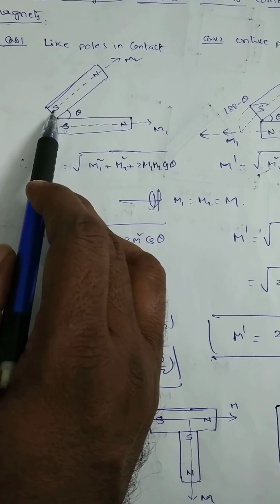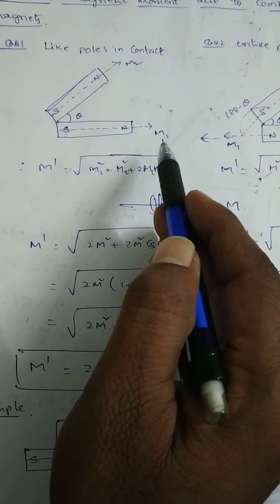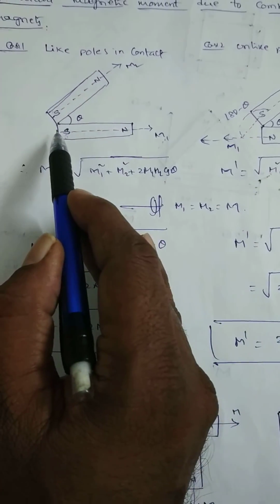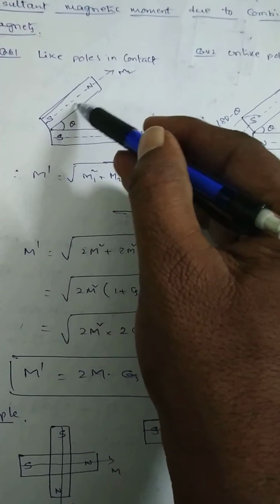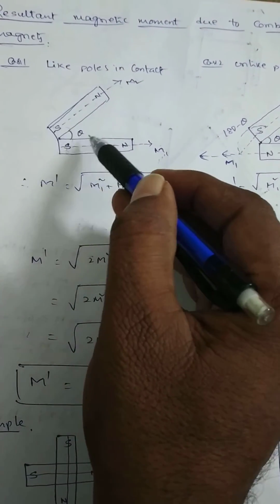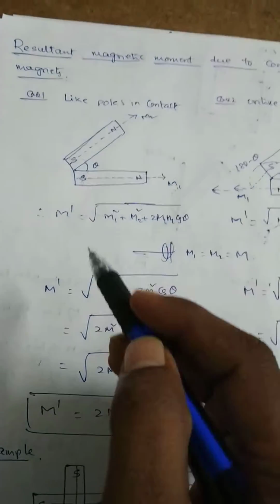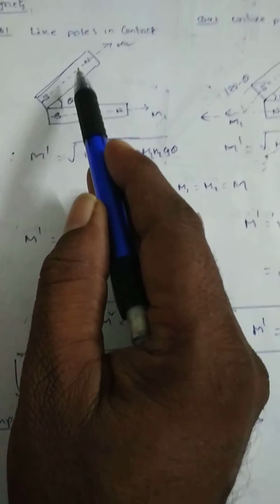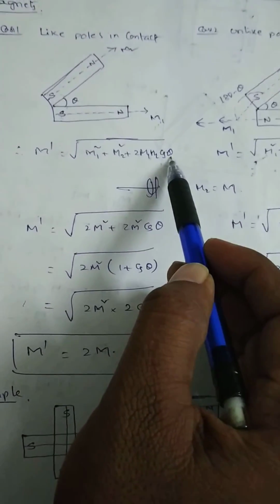You know very well that magnetic moment is a vector. Its direction is taken from S to N. M1 is this, and this is M2 for the second magnet. The angle between these two magnets is theta. According to the parallelogram law of vectors, the resultant of these two is equal to the root of M1 square plus M2 square plus 2 M1 M2 cos theta.